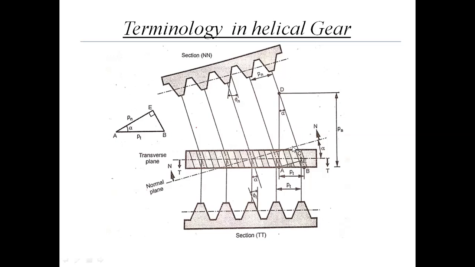But in helical gear, one new plane, the normal plane NN, is introduced. When there are two planes, there will be two modules and two types of pitch. I think this figure is clear to you.